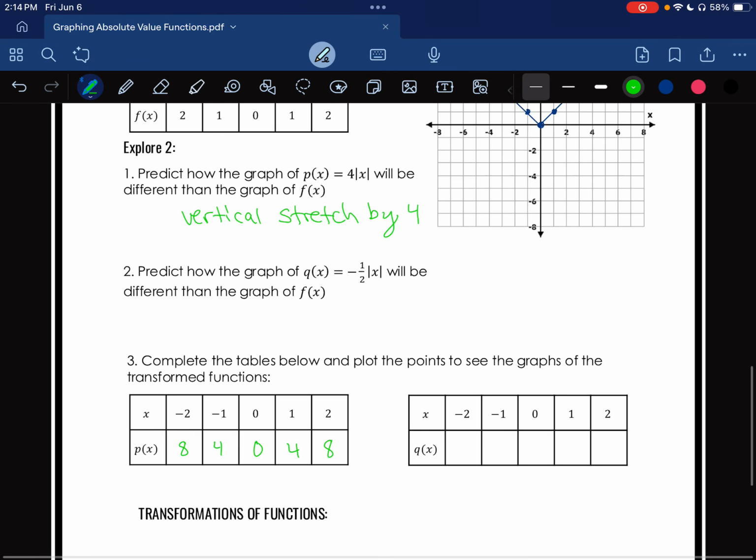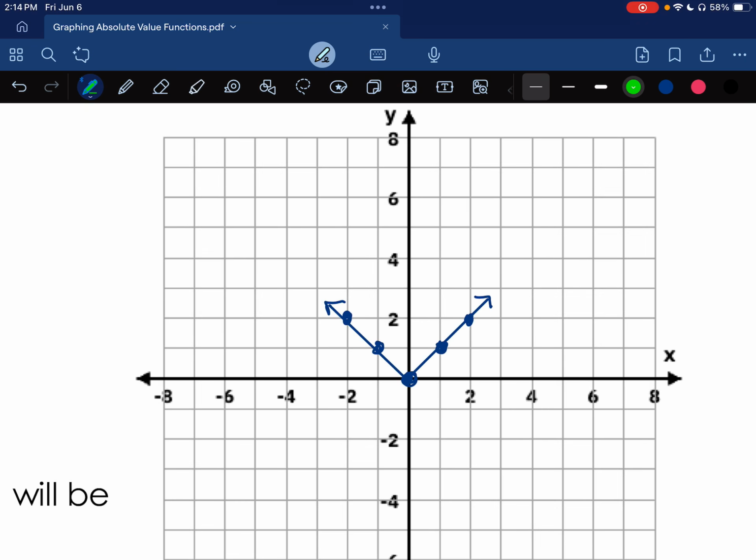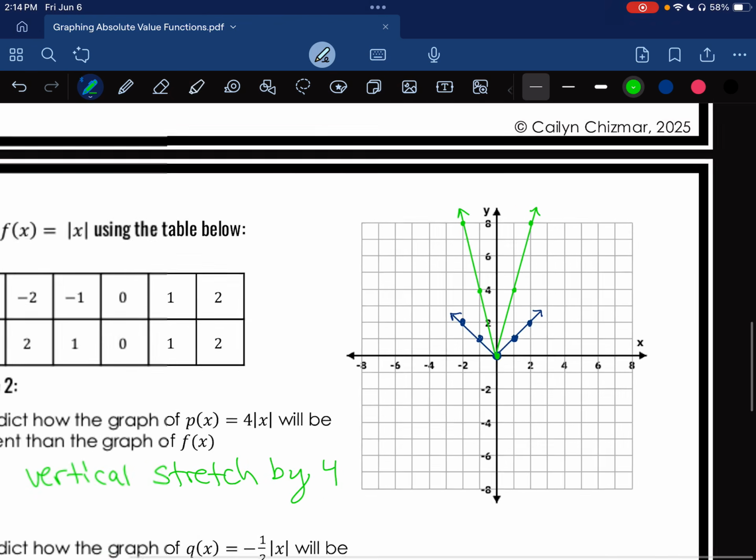And so plug that in. See, this one looks much narrower or steeper, depending on how you want to think of it. And this one has 2 things going on.